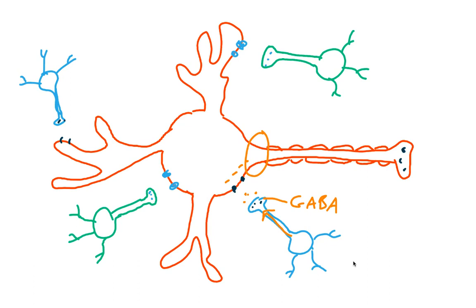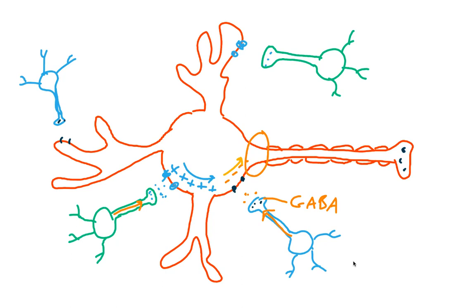Let's say that at the same time, this green cell down here fires an action potential. When its neurotransmitter is released, it comes across, and when it binds, it allows positive ions to come through. So a positive, graded charge is now going to start to travel towards this axon hillock. So you have a positive charge traveling and a negative charge traveling. What can happen is they can essentially cancel each other out.